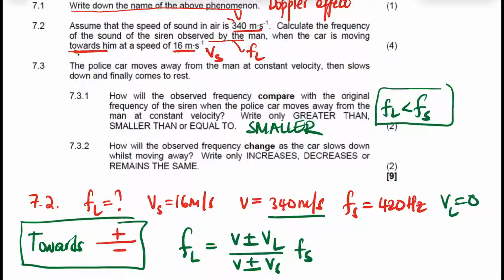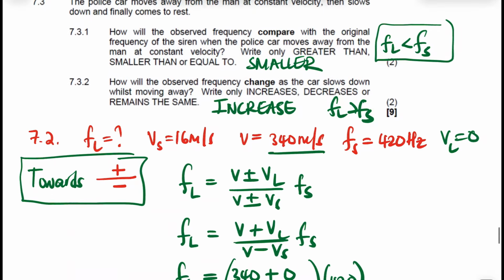So the observed frequency is going to increase, guys. The answer here is increase, because the frequency of the listener while it's moving away and it slows down is greater than the frequency of the source. That's always the case, guys.